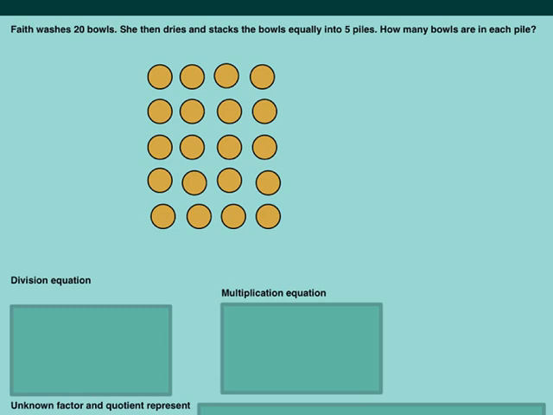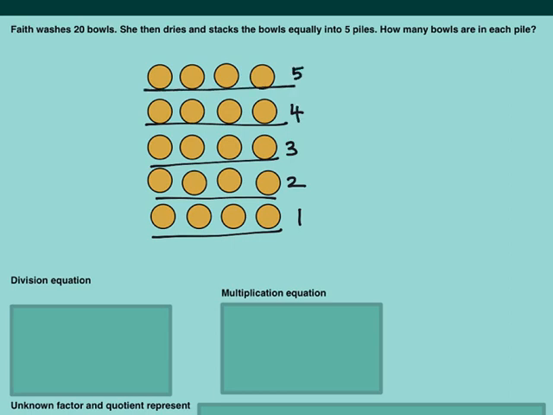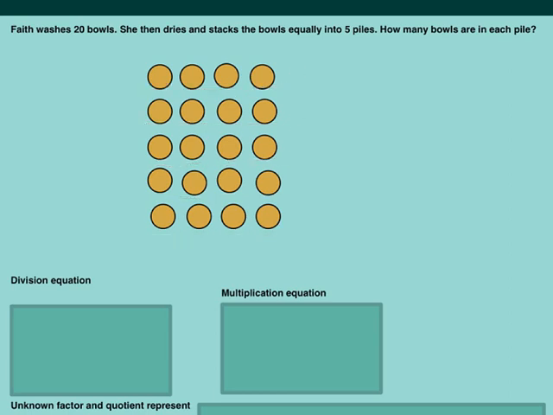So this array here shows 5 rows. So row 1, row 2, row 3, row 4, and row 5. Each row shows us how many bowls are in each pile. The division equation is 20 divided by 5 equals 4.